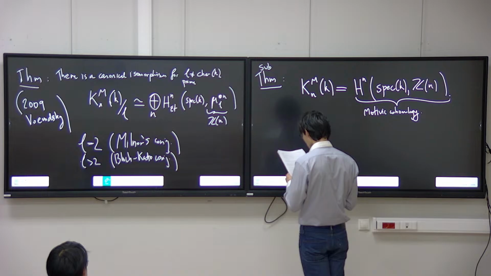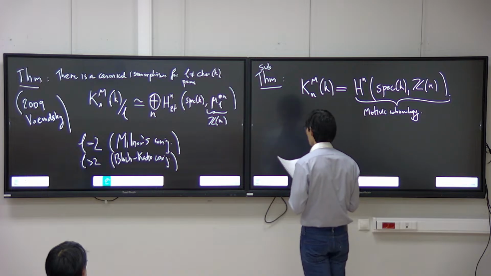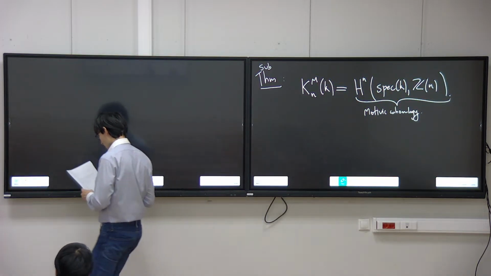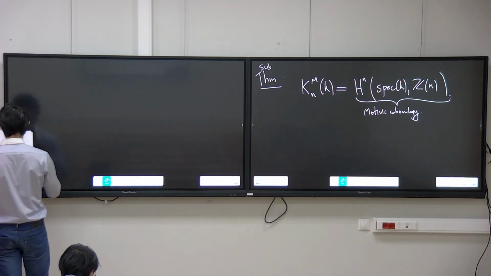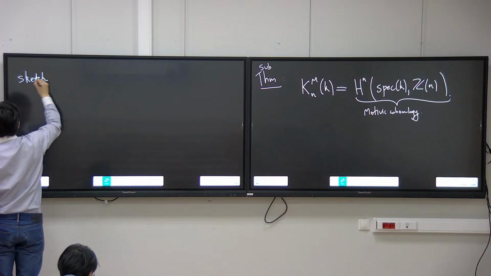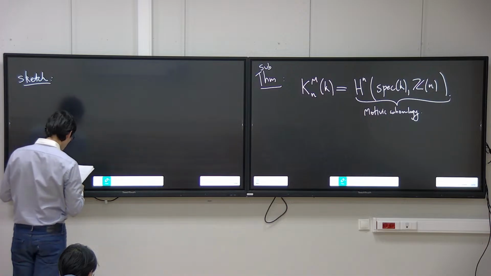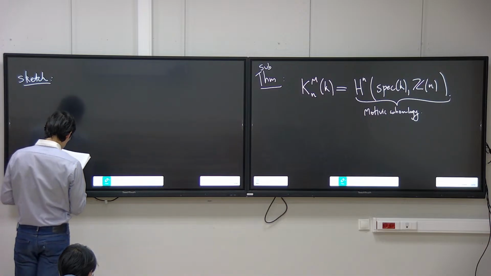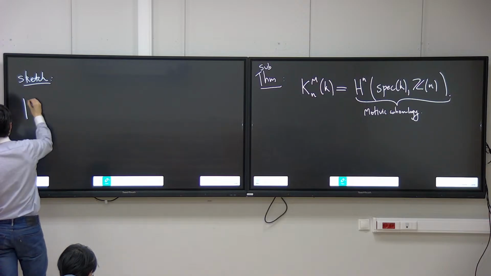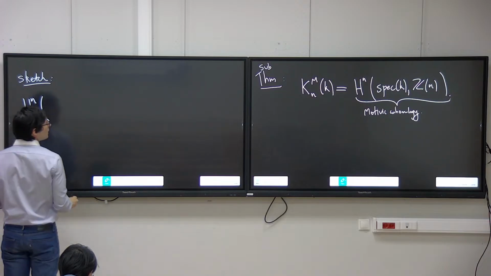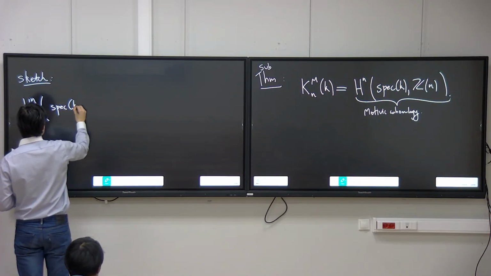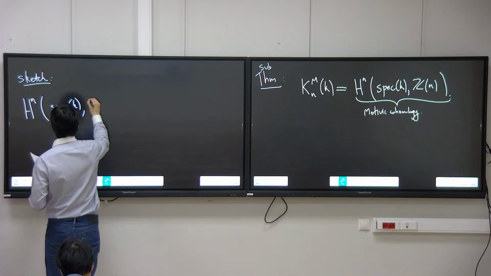So I guess we can have a quick look at the sketch of how this theorem works, at least a map in one direction, very quickly. Sketch. Right, so I want to study maybe H^n of Spec of K, the motivic cohomology of this guy.